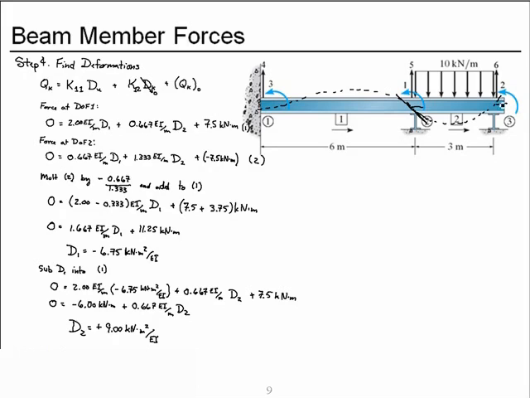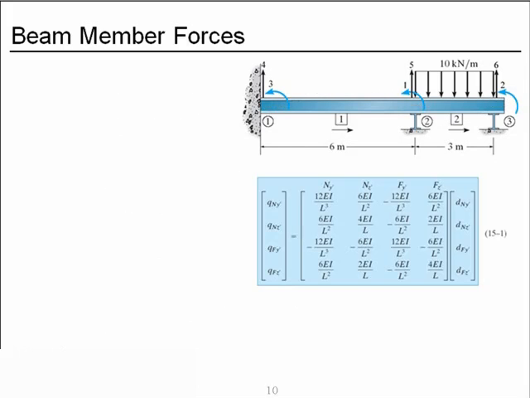Here we have a counterclockwise slope, or rotation, and so we would expect D2 to be positive. Good. Those check. And now step 5. Let's find the member forces. And let's start with member 1.